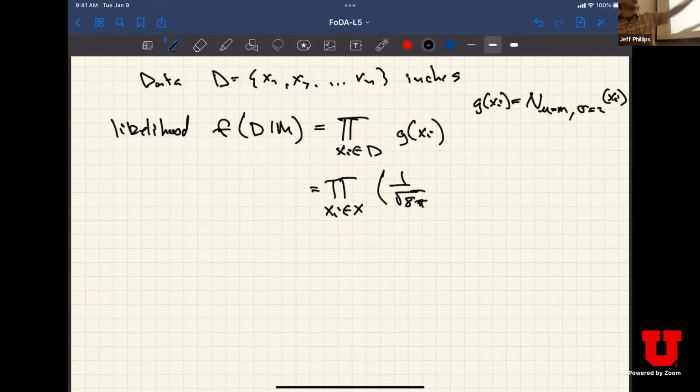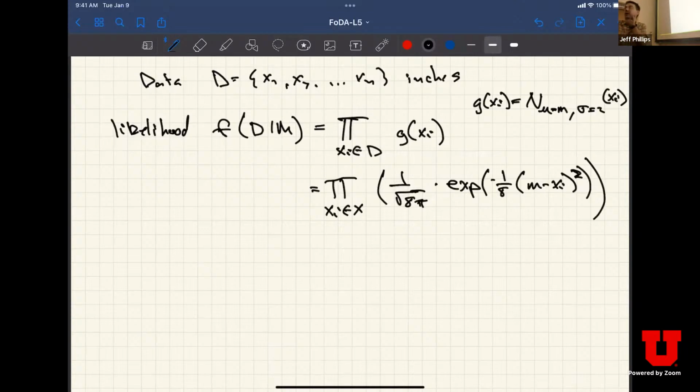This 8 came again from the standard deviation of 2, multiplied by exp of negative 1/8 times (m minus xi) squared. Okay, so this is now my likelihood, and this should be the same as what we talked about on Thursday last week.